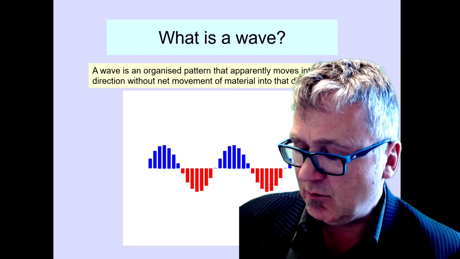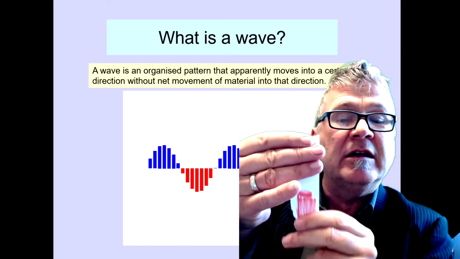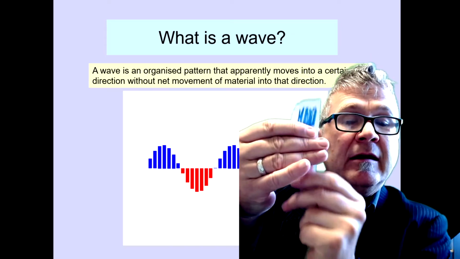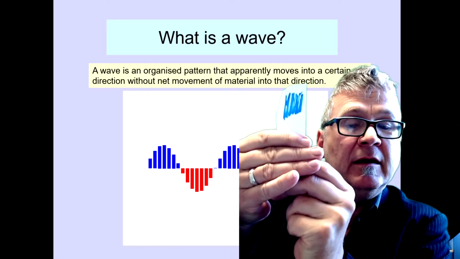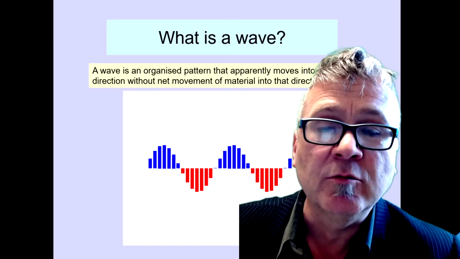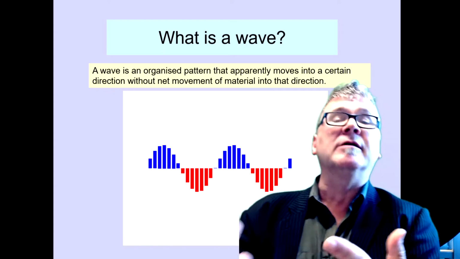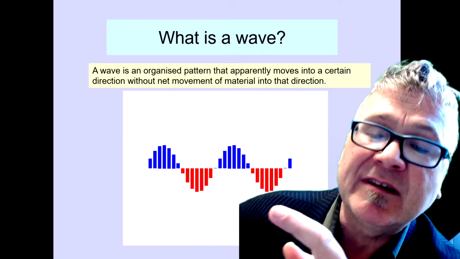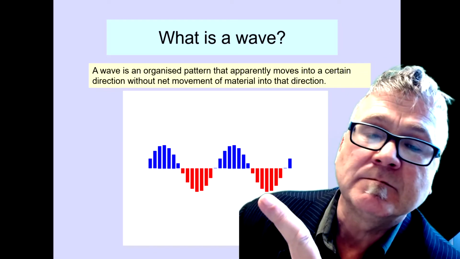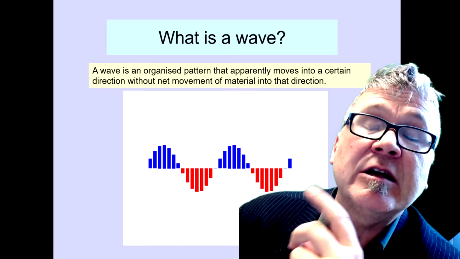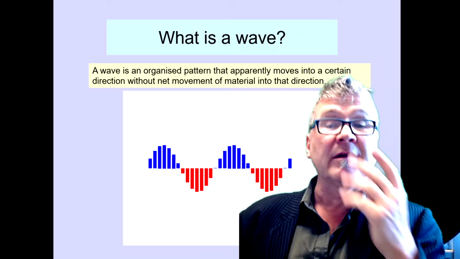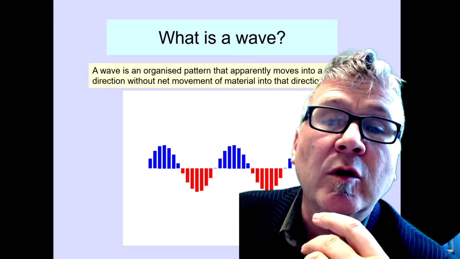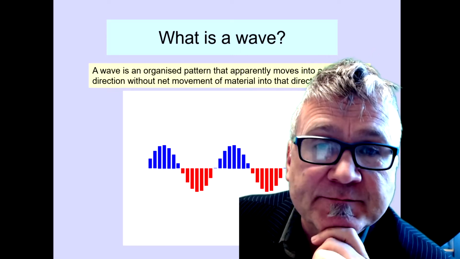So there is nothing moving because all I do is actually move a bar up and down, and there is no horizontal movement. And the apparent horizontal movement here in this example is actually called the phase speed. You can see some movement to the right. This is what we call the phase speed of the wave.